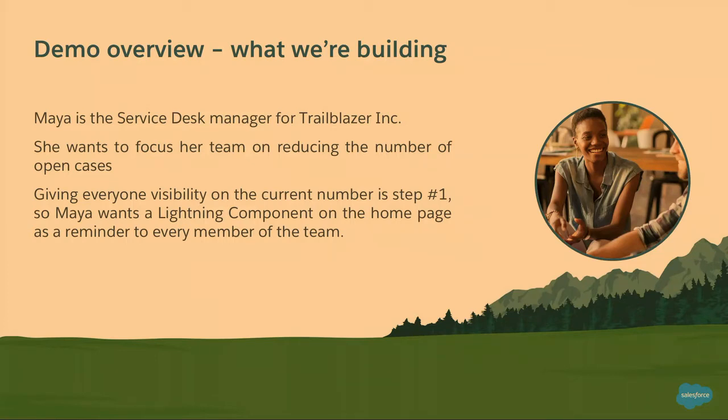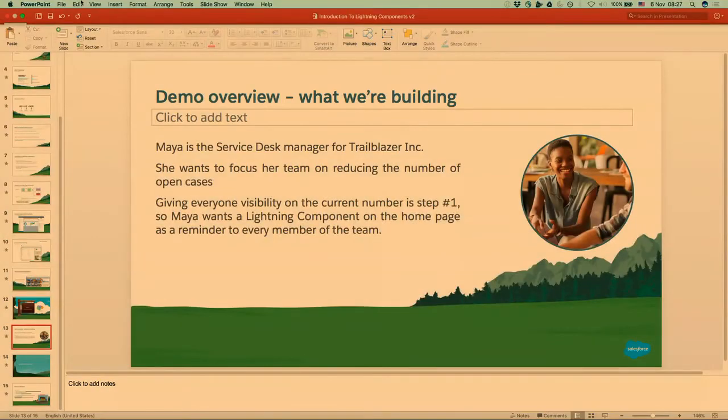She wants everybody to know at any time that we have X amount of cases open, and focus on driving that down. So we're going to build a quick component to get the number of open cases and show that on the home page, and that'll help the team in focusing.